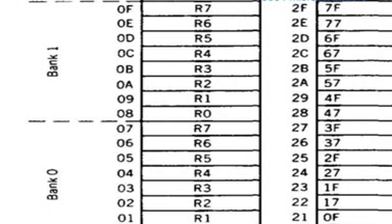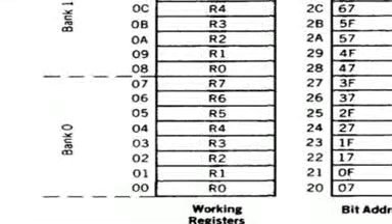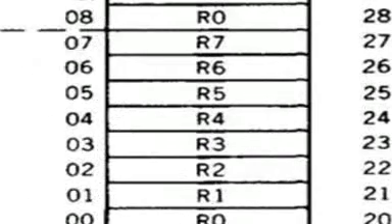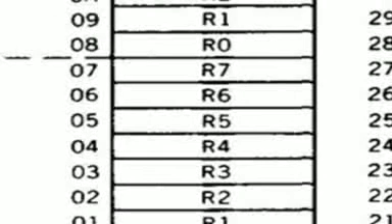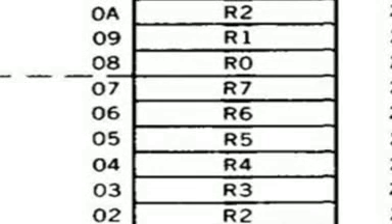So the house can be called using its name or its address. But the place is same, the location doesn't change. That is what I am trying to say here. This location can be used by taking its name as R2 or 02. If you take R5, you can call it as 05 as an address, or else by name you can call it as R5.